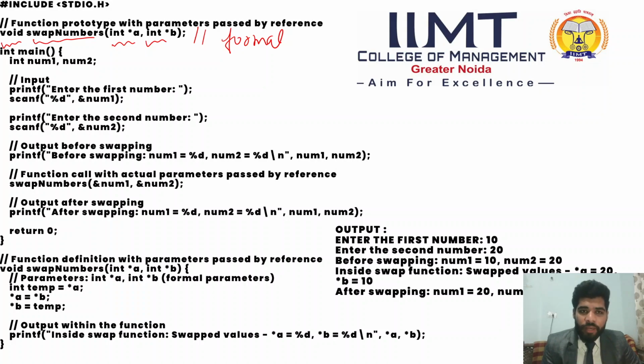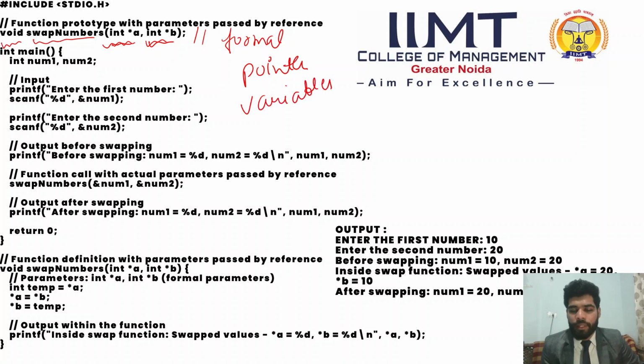So that's why we have written here int *a, int *b. So these both are pointer variables. What does a pointer variable do? It stores the addresses of the variables. Why have we used these pointer variables? We have used them because we are going to store the memory addresses of the variable, not the values of the variable. I hope you got the point.